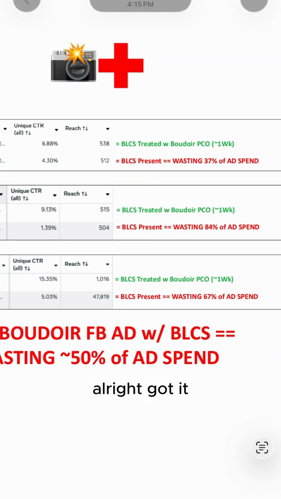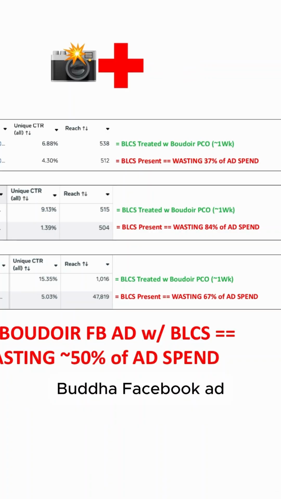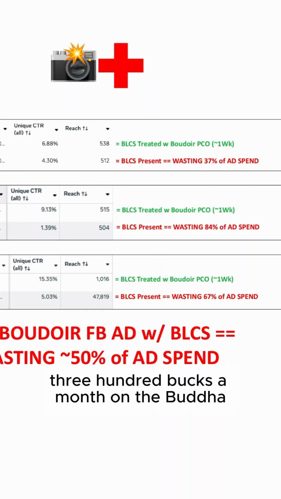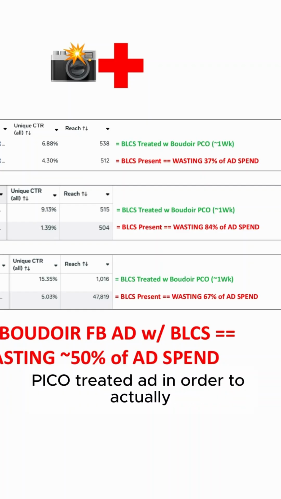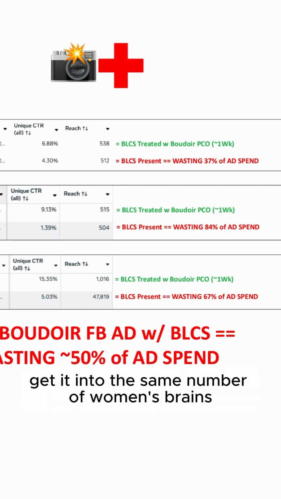All right, got it. So if they're spending 10 grand a month on the original boudoir Facebook ad, now they only need to spend $6,300 a month on the boudoir Pico treated ad in order to get it into the same number of women's brains.